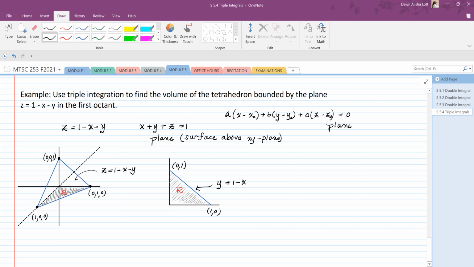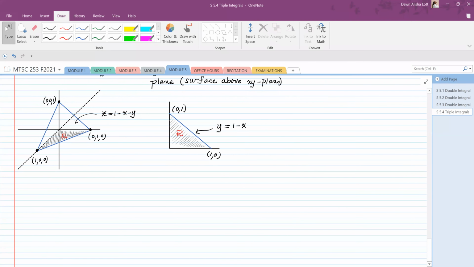So now I can clearly see that z goes between 0 and 1 minus x minus y, and y goes between 0 and 1 minus x, and then x starts over here and goes all the way to 1. So x goes from 0 to 1.